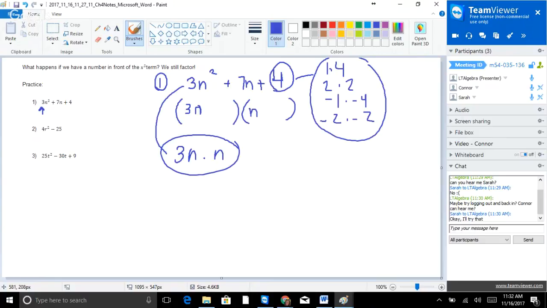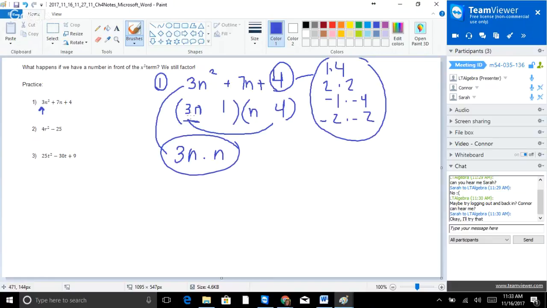So what I'm trying to do is in the middle, I'm trying to get a positive 7n. But the complicating thing is when I multiply my inside and outside, I have a 3 over here. So for example, if I use 1 and 4, I have to multiply 3 times 4 and I get 12. So I probably don't want to multiply 3 times 4.